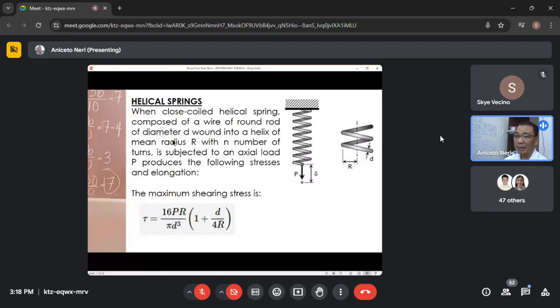May problems nga mean diameter ang given instead of mean radius. Okay. Ang number of turns pod mura siya og number of circumference. Like 1, 2, a number of turns. Okay, so ang formula.